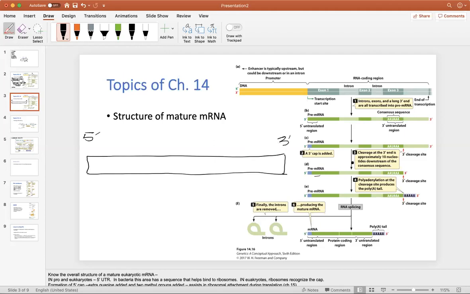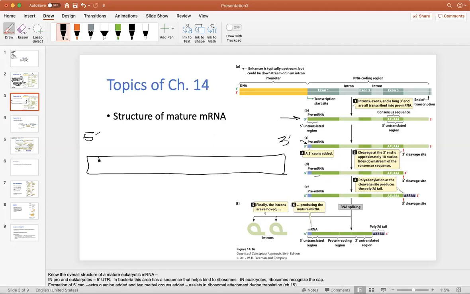So the first thing that's going to happen is we've got transcription that's occurred, and we have a pre-mRNA molecule right here, and that simply means that we have exons and introns all paired up together. So the first thing that's going to happen to this piece of pre-mRNA is we're going to add, see this little blue region right here?